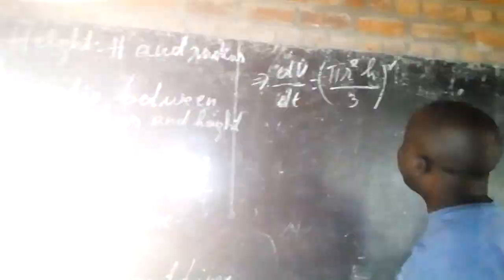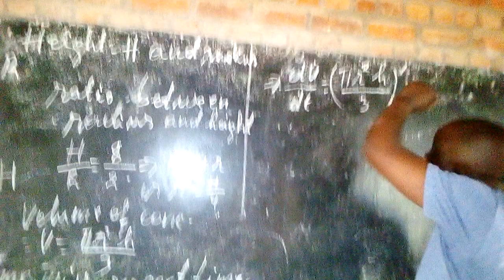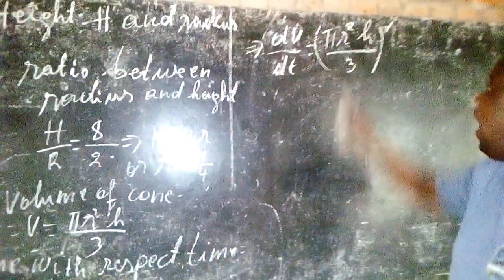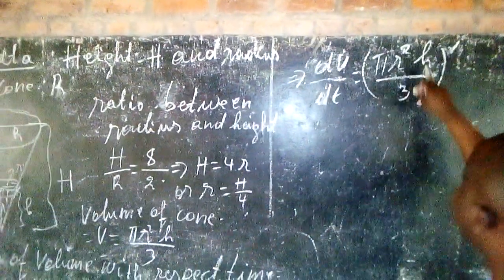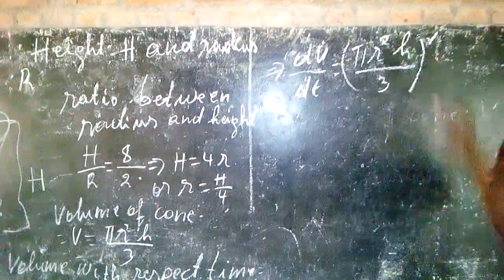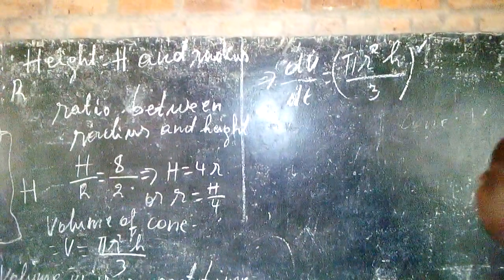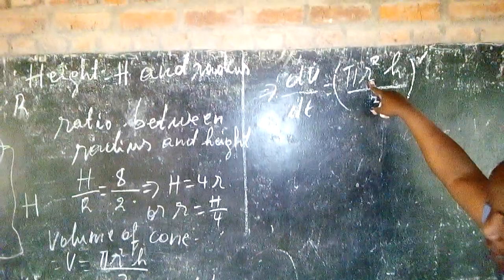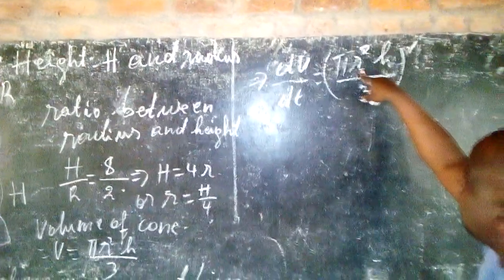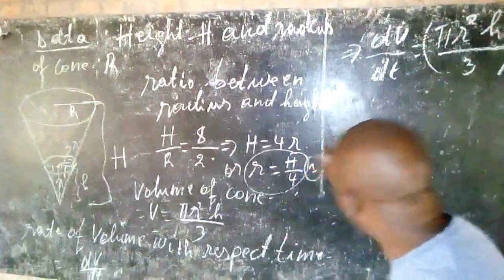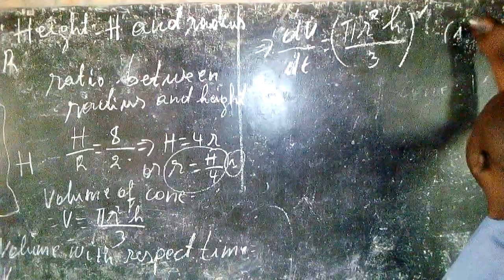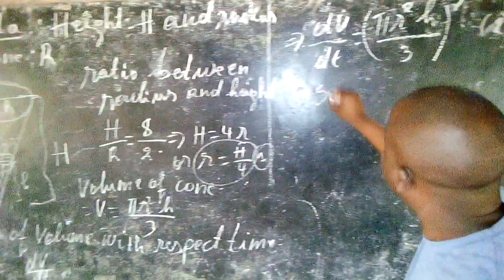But we have two parameters, r and height, and the question focuses on depth. Depth means height. So first of all, in order to make this derivative, we need to substitute this radius in this formula. I am going to call this one equation 1 and this one equation 2. Then substitute 2 in 1.